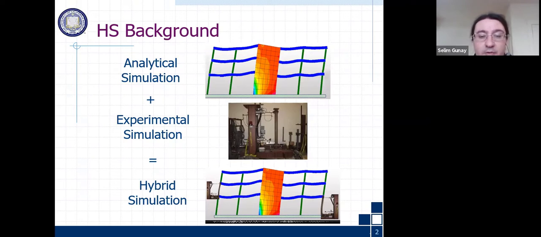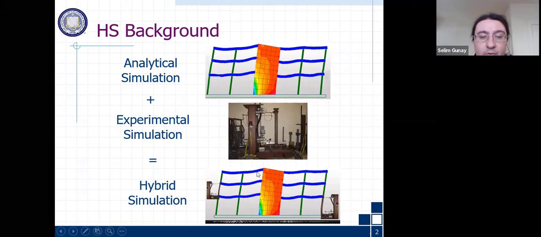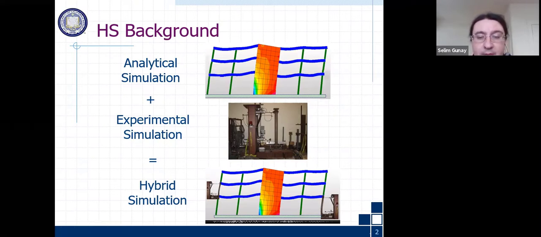So what we are doing is computing the dynamic response of the structure. In that regard, it is not any different than nonlinear dynamic simulation or nonlinear dynamic analysis. We are using the same methods and solutions.